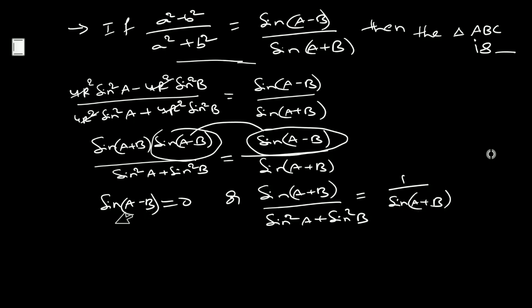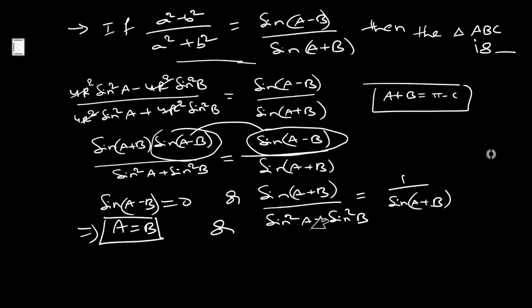If sine of (A minus B) is 0, then A is equal to B. This is one condition. Or we can write A plus B as 180 minus C. Then sine(180 minus C) is again sine C. So this is sine C, and this is also sine C. So we can write sine square C equals sine square A plus sine square B.